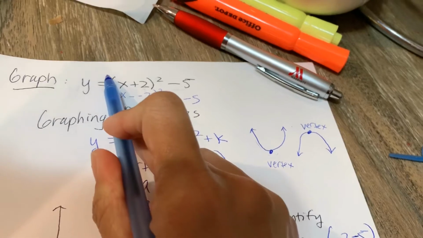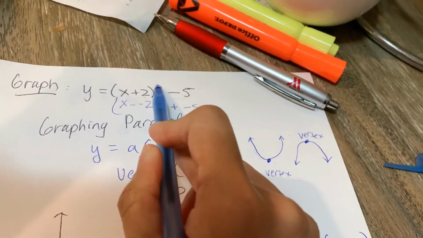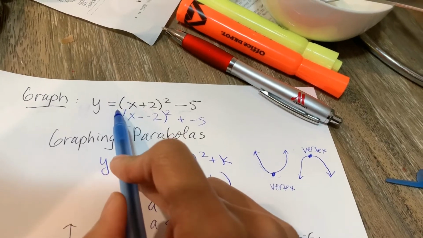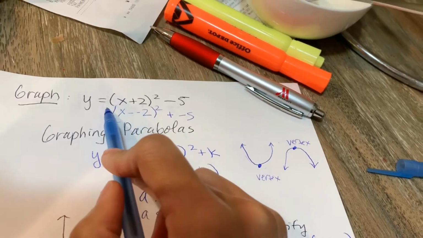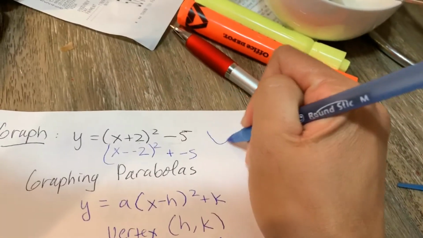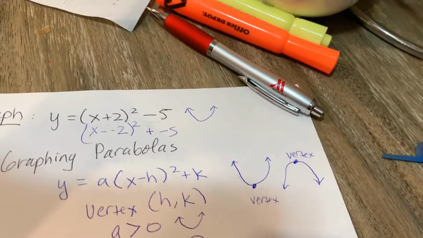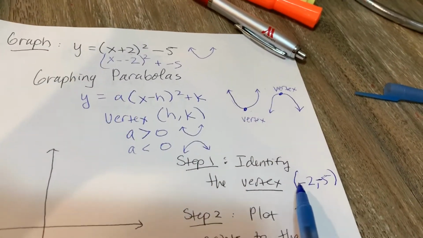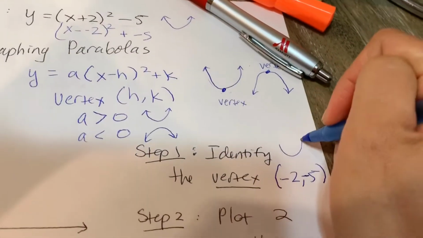It's going to be whatever number is in front of this quantity here. Well, the number up here is just a 1. It's invisible. It's a positive 1, so it's positive. So I know that the shape of this parabola is going to look like a happy face, right? So here we know what the vertex is, and we know the shape of it. It's going to look like a happy face.